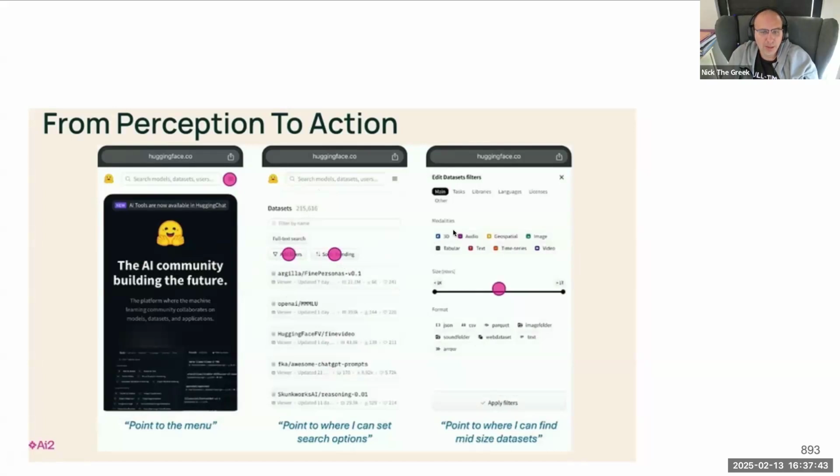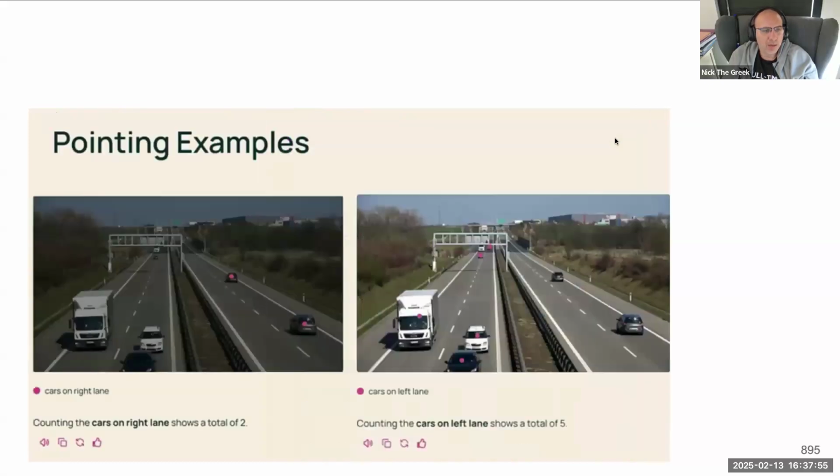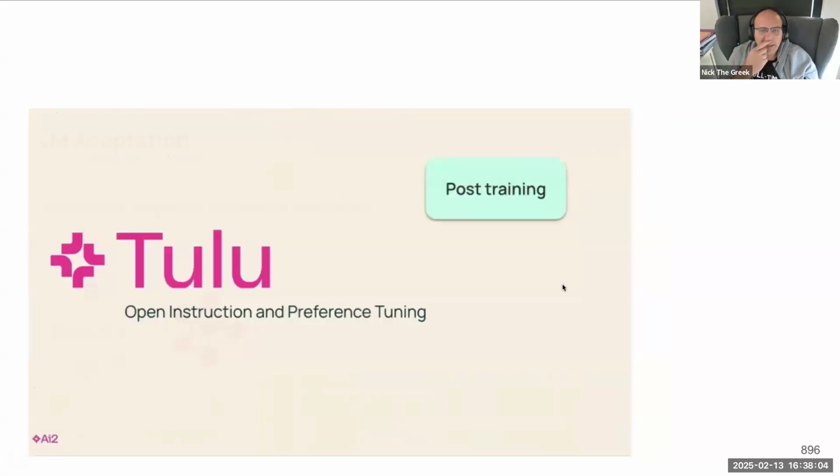There was basically navigation, clickstream in a sense, data they generated. And they gave them tasks like count the boats. They created more tasks. Pointing examples, we talked about, count the cars on the right lane, cars on the left lane. And they created a better training data set.